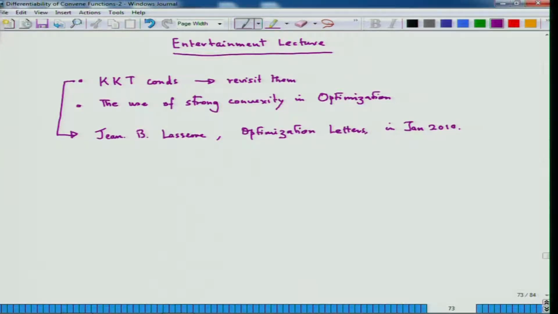This goes under the title Representations of the feasible region in convex optimization. See, in general what is the meaning of a convex optimization problem? So, we come back, make a full circle and ask the question, what is a convex optimization problem?